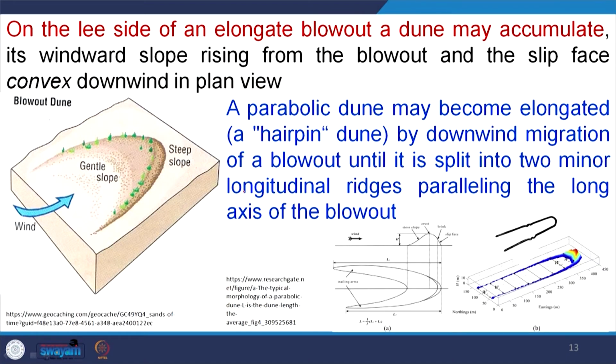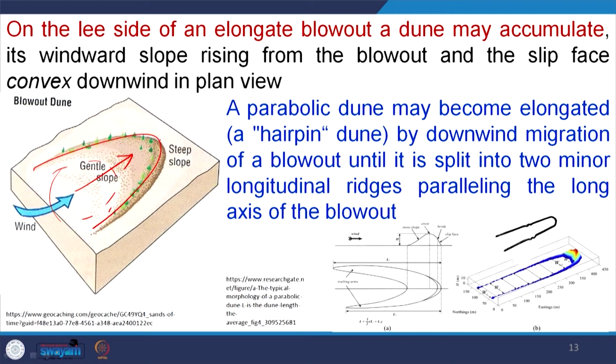On the lee side of an elongated blowout, a dune may accumulate, its windward slope rising from the blowout and its slip face convex towards the plan view. If you see here, this is the region where blowout occurs and finally the sand is moving and creating a parabolic dune.